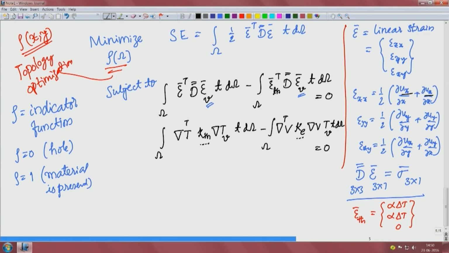This is equal to, that is a weak form of the electrical thermal conduction equation, where this term that we have is the heat generation term.